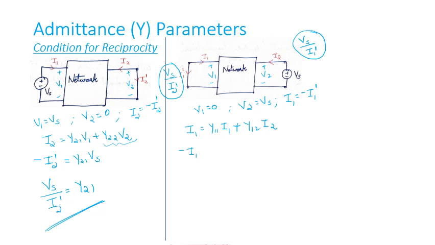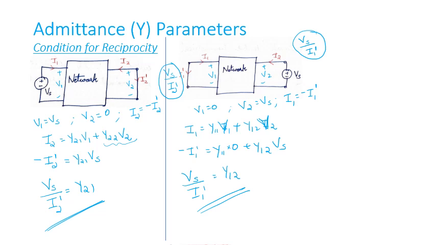I1 is minus I1 dash equal to Y11 into 0 plus Y12 into Vs. So Vs by I1 dash is Y12. In the first case, excitation to response ratio is Y21. In the second case, excitation to response ratio is Y12.